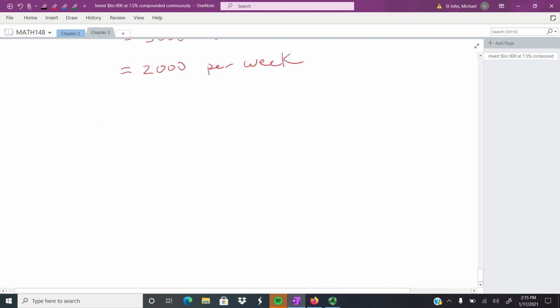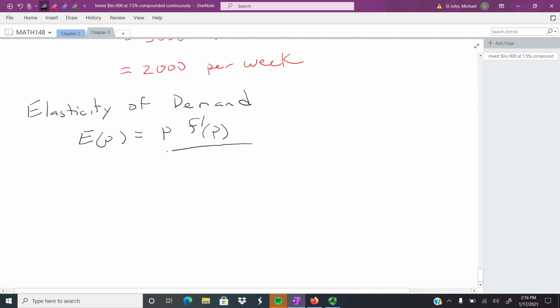And then the last thing they talk about in this chapter deals with elasticity of demand. And so E sub P is equal to P times f prime of P over f of P. So let's look at how this works.